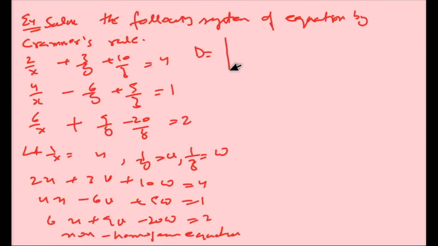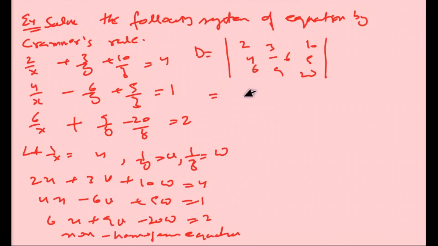So we can find the value of d using the coefficients here: 2, 4, 6, 3, minus 6, 9 and 10, 5, minus 20. You can find this value using any method, you can use Cramer's method, or you can expand along any row or any column. You can solve this and check whether it is equal to 0 or not equal to 0.